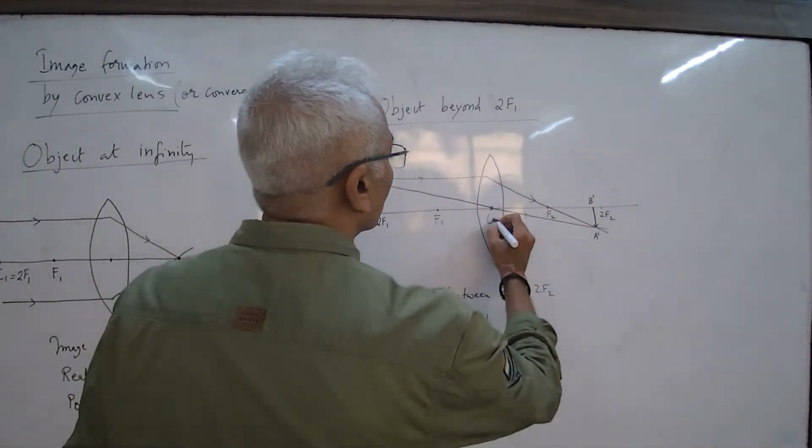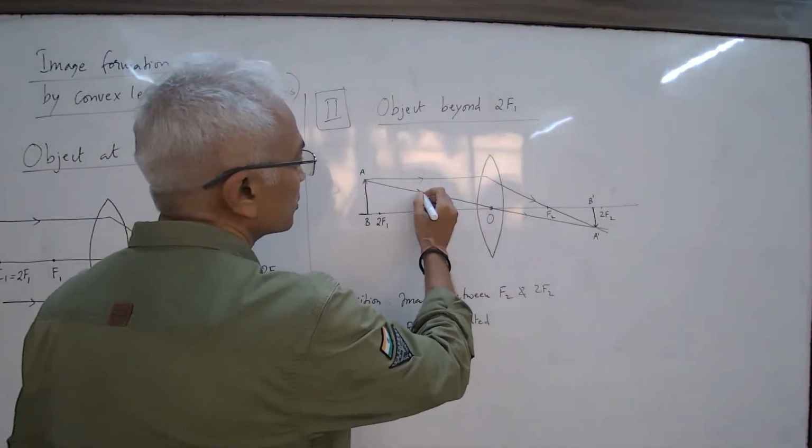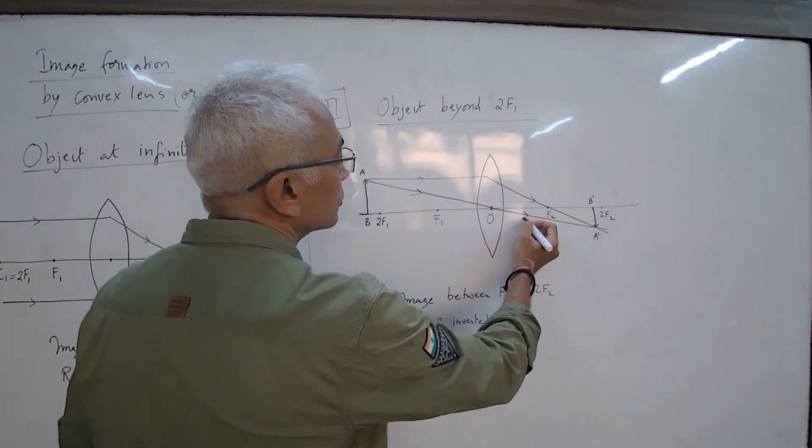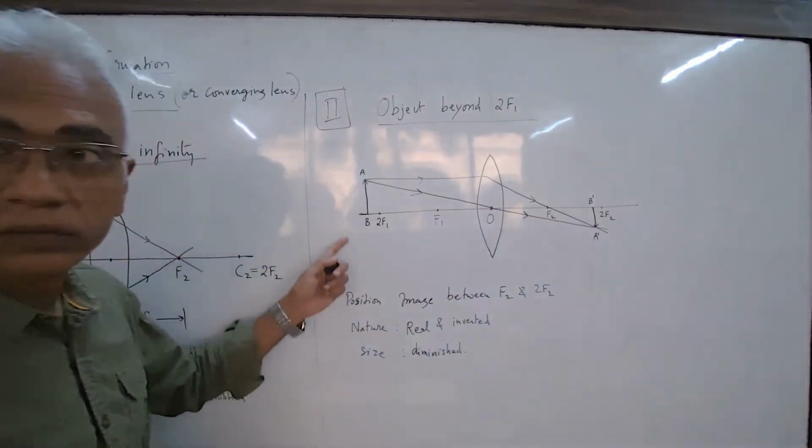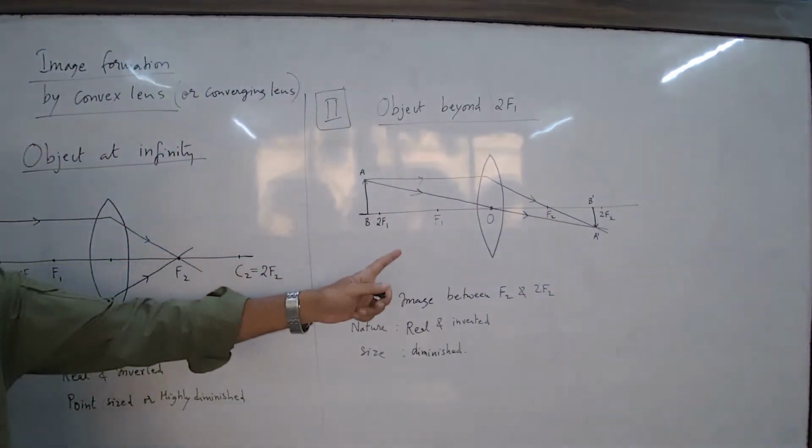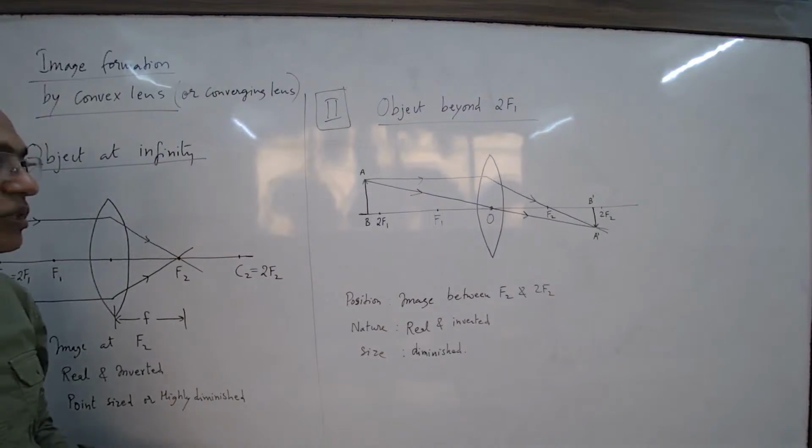Because any ray that passes through O will go undeviated. With these two rays, you can draw almost all the ray diagrams.